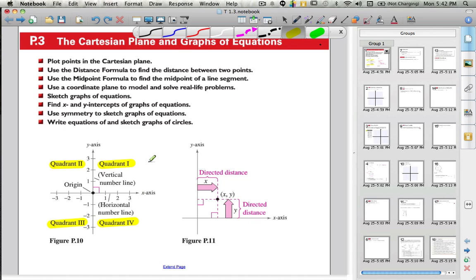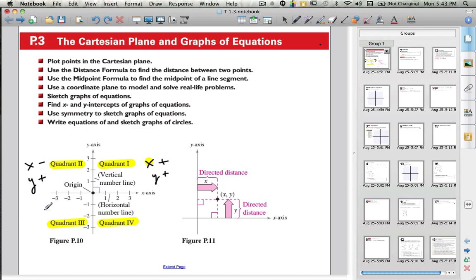In quadrant 1, x is positive, y is positive. In quadrant 2, x is negative, y is positive. In quadrant 3, x is negative, y is negative. And in quadrant 4, x is positive and y is negative.